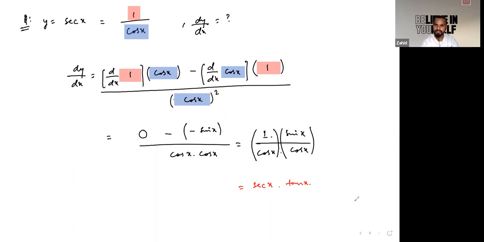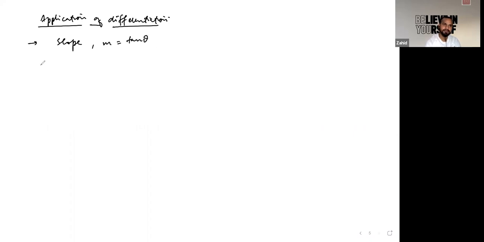Now I'm defining the applications of differentiation. First, differentiation defines the slope or inclination of any line with respect to the x-axis, or you may call it m equals tan theta.